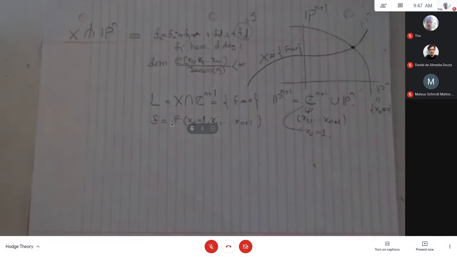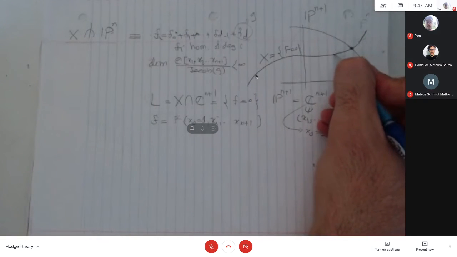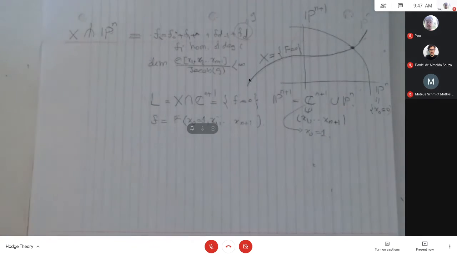Okay, so what I need is to translate the Griffiths theorem to this other part, and so let's try to do this.